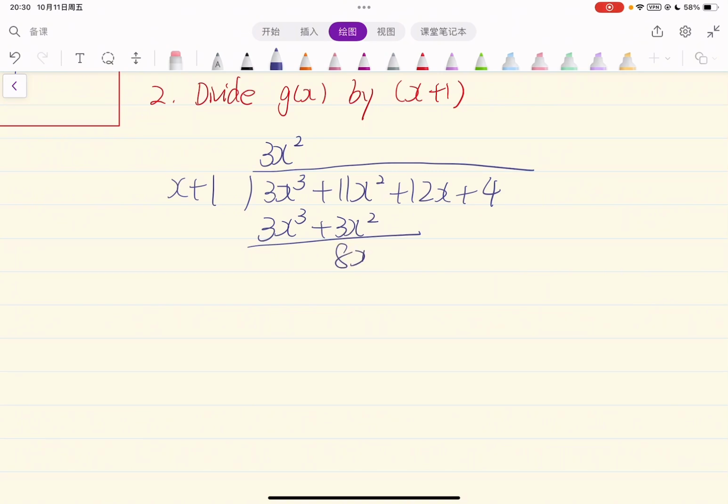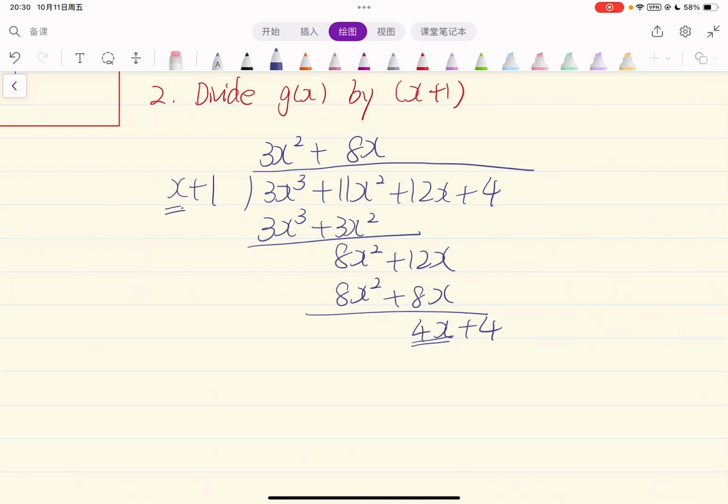Subtract, we have 8x squared plus 12x. 8x squared divided by x equals 8x, so plus 8x. Then 8x times x plus 1 gives 8x squared plus 8x. Then subtract, we have 12x minus 8x equals 4x plus 4. Then 4x divided by x gives 4.